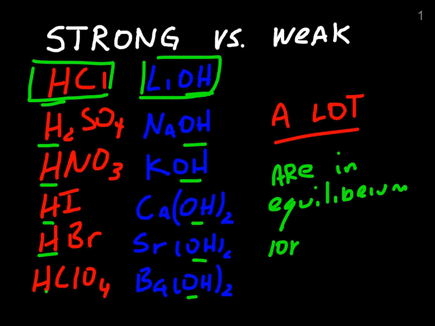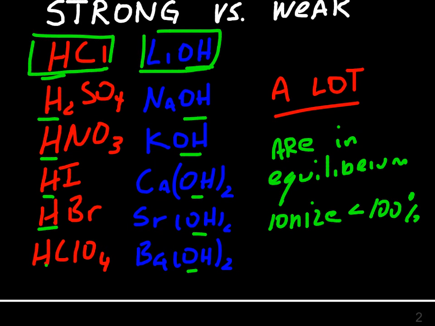Ionize is when the hydrogen or the hydroxide comes apart. Weak ones ionize less than 100%, whereas the strong ones all right here ionize 100%.